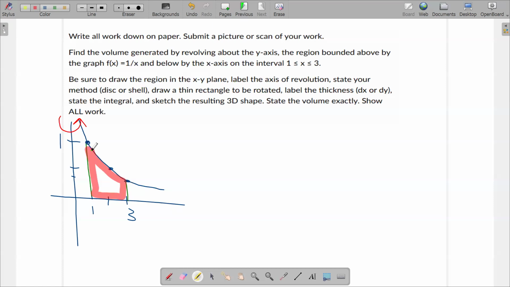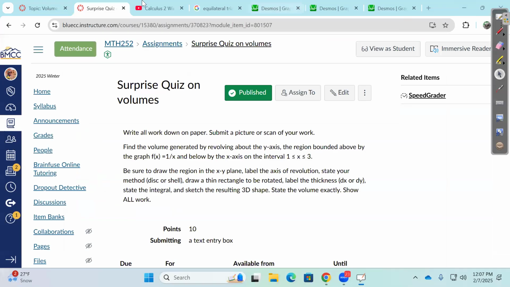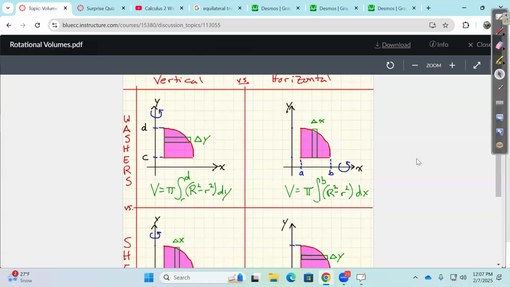And let's pick a different color. Yellow. And I get to choose either disks or shells. Okay. Let's see. Let's look at the cheat sheet.